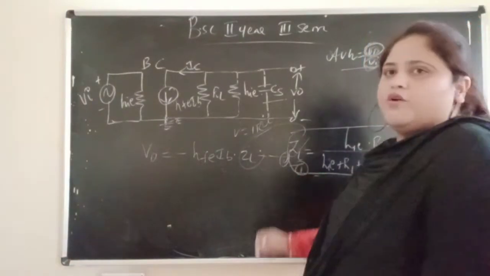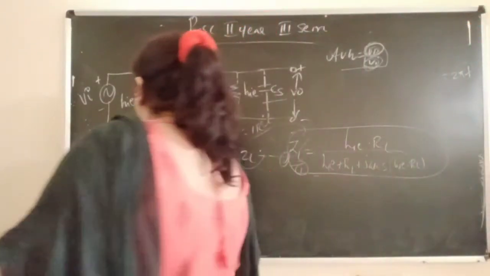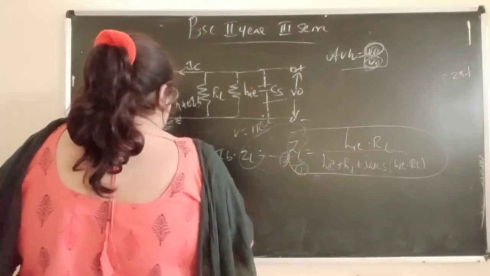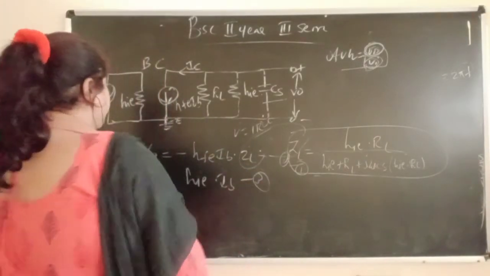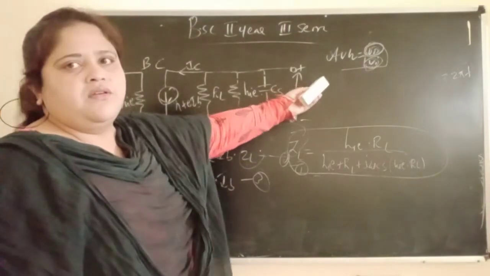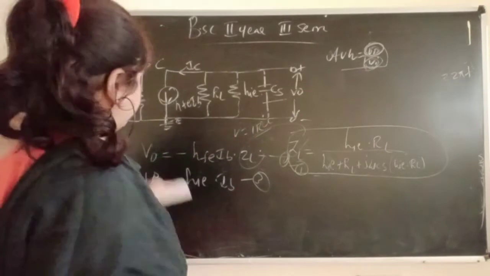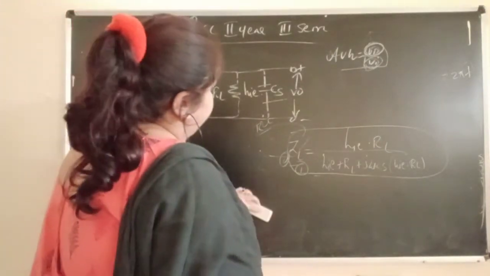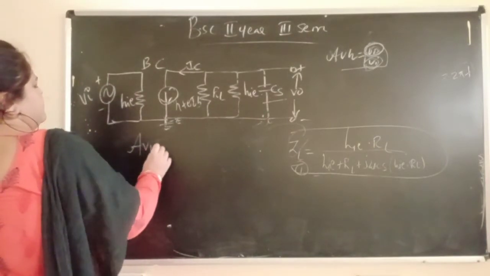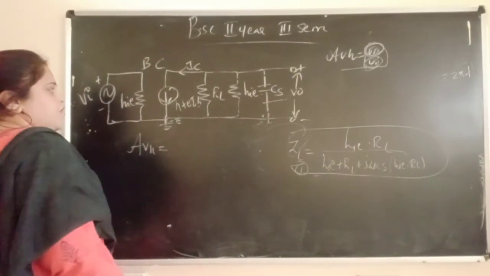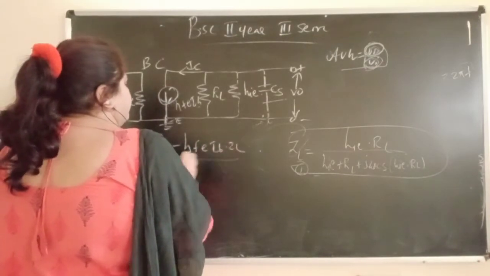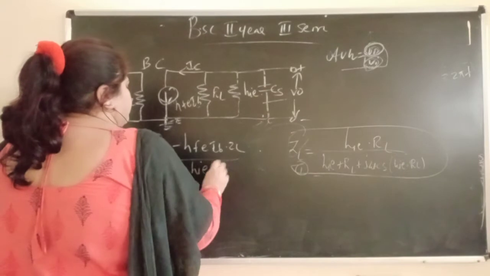Then we should calculate the input. Our input equals HIE into IB, equation 3. Then we should substitute the values in AVH, the voltage gain in the high frequency range. AVH equals what we just got, minus HFE IB into ZL by HIE into IB.